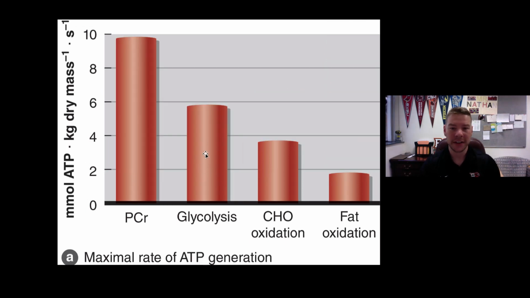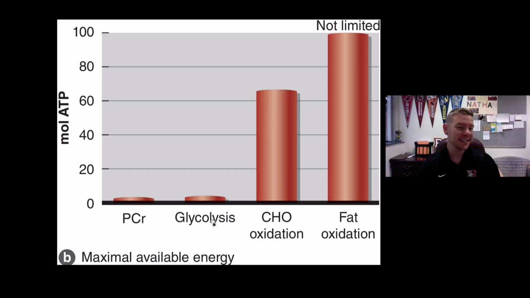Glycolysis, and this is specifically anaerobic or fast glycolysis, is not as fast as PCR, but it's definitely faster than aerobic glycolysis or carbohydrate oxidation. However, it doesn't last really long either. It lasts longer than they show in this graph. I think when I drew it, I added an extension onto it, but you get the idea.